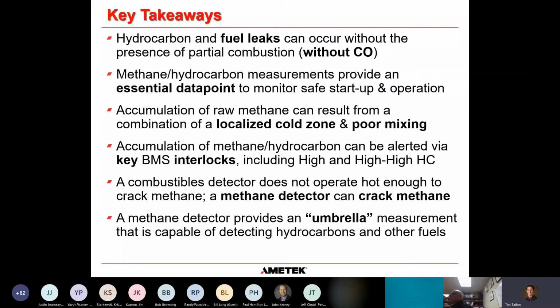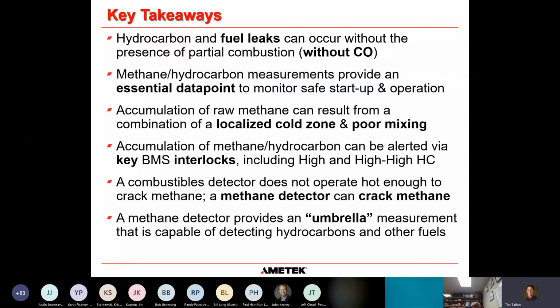Using the 3 T's of oxidation, I hope you realize that the accumulation of raw methane can result from a combination of a localized cold zone that creates a localized density difference, and poor mixing can really exacerbate that. So that's absolutely a reason why you could have raw methane in a furnace, for example.